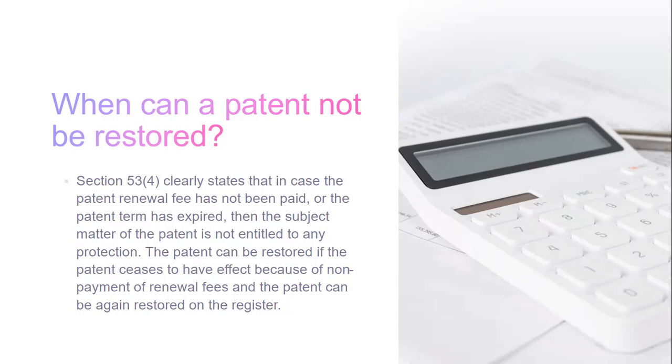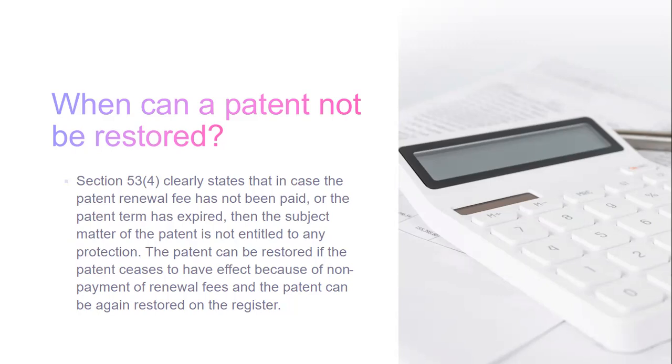Okay. Now, when can a patent not be restored? Section 53(4) clearly states that in case the renewal fee has not been paid or the patent term has expired, then the subject matter of the patent is not entitled to any protection. The patent can be restored if it ceases to have effect because of non-payment of renewal fee, and it can be restored on the register.